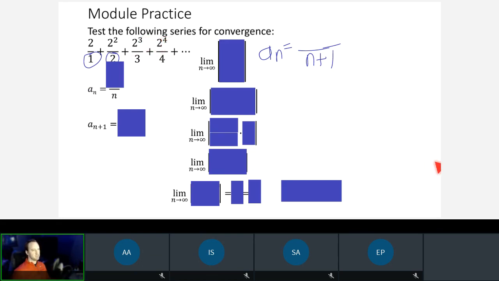So what is that part of the expression? To the n power, yeah. 2 to the n power.